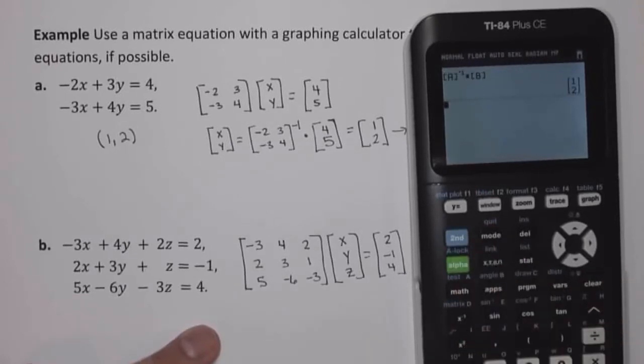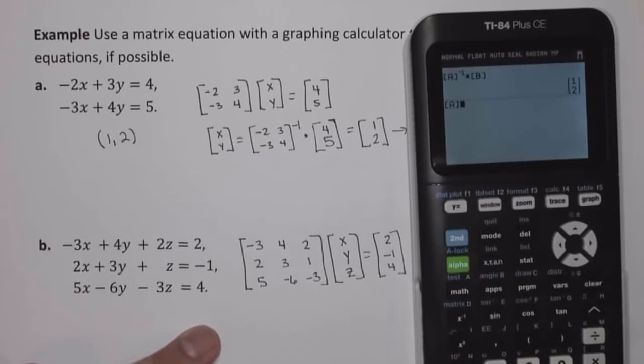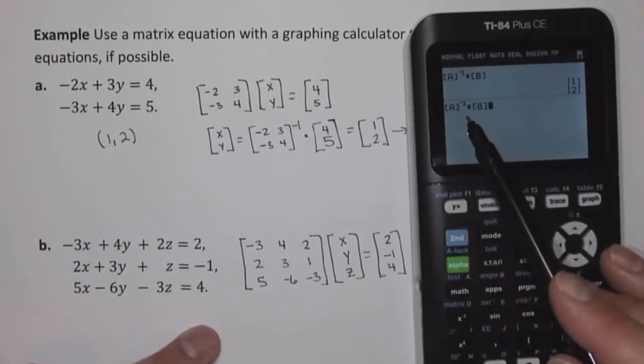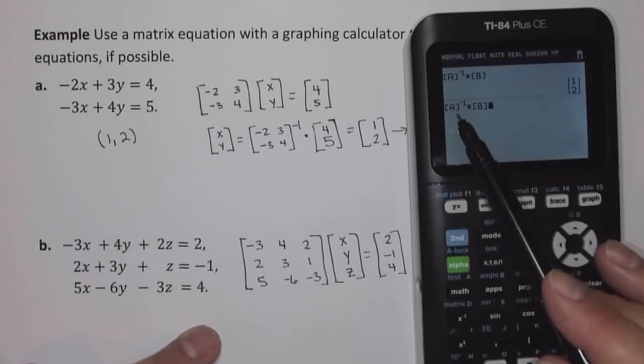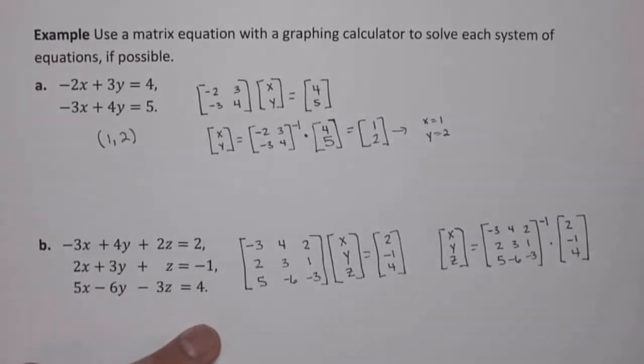Second quit to get back to the home screen. So I'm going to do matrix A inverse times matrix B. And I've typed times here, but you really wouldn't have to. The multiplication would be understood. So if I did not put the times symbol there, it would work just fine. And so I get the result 14, -51, 124.